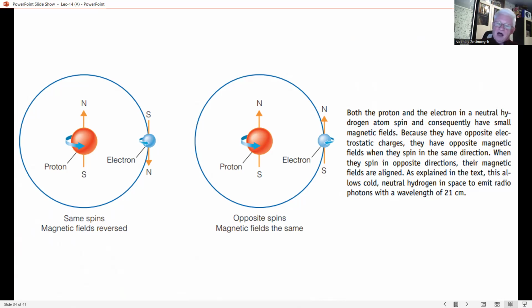If left undisturbed, an electron in the higher energy level will eventually flip its spin and drop to the lower energy level. But when that happens, the atom is left with a tiny amount of excess energy, which is radiated as a photon with a wavelength of 21 centimeters.